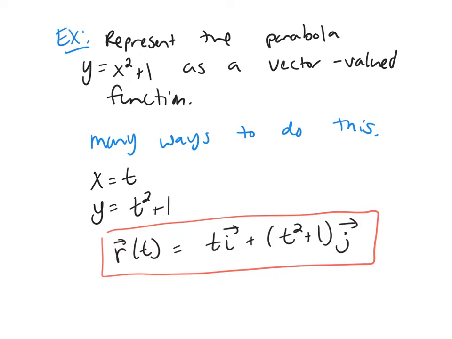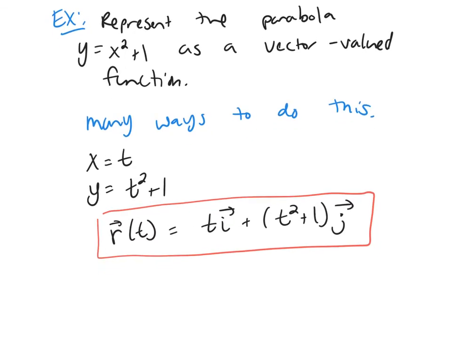Again, this isn't the only way to do it. It's just one of the easiest ways to do it: let x be t and then plug t into your y equation to get your other parametric equation.